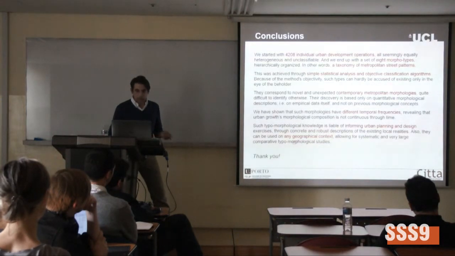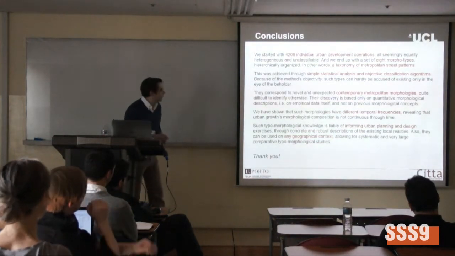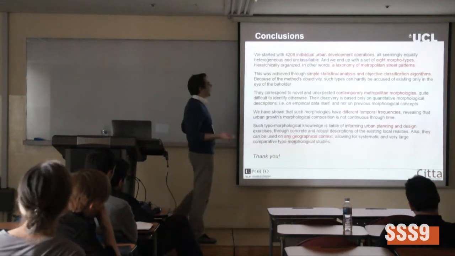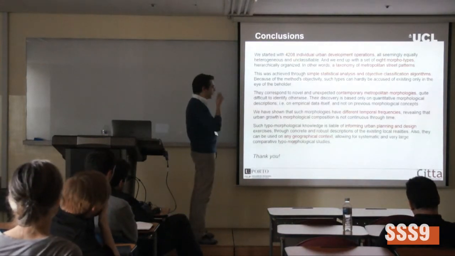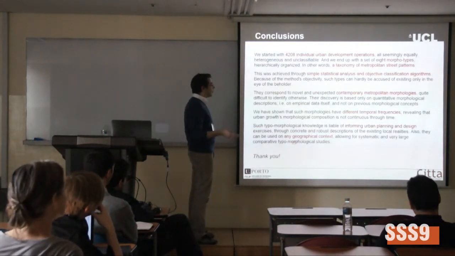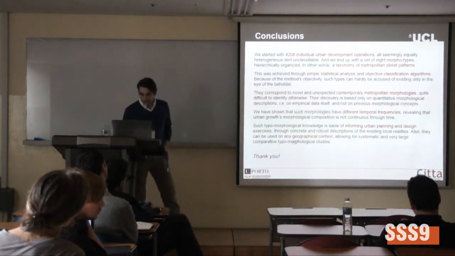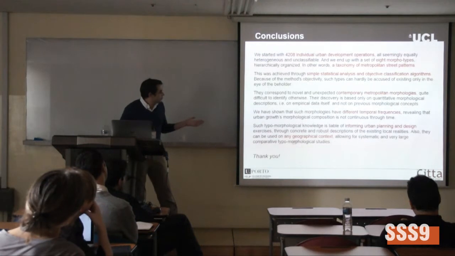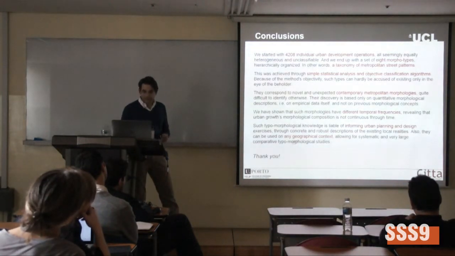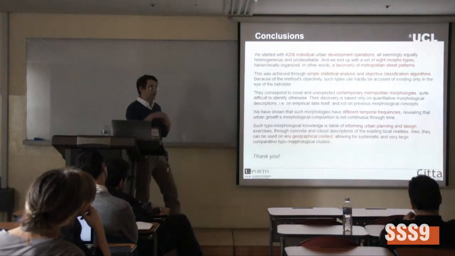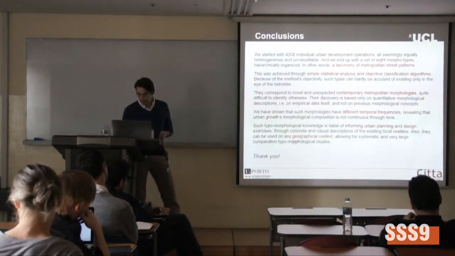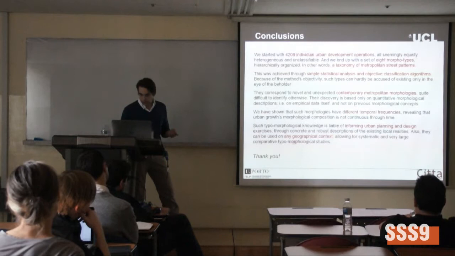They correspond to novel, and eventually unexpected, I don't know if you think so or not, contemporary metropolitan morphologies, which would be difficult to identify otherwise. And they have shown to have clearly different temporal frequencies, revealing that these things don't simply occur randomly. There are trends in the production of street patterns.